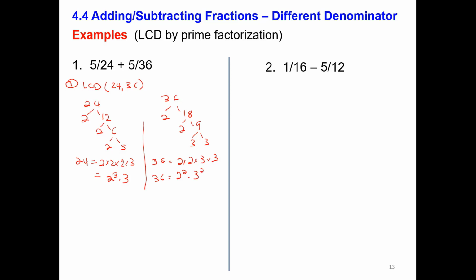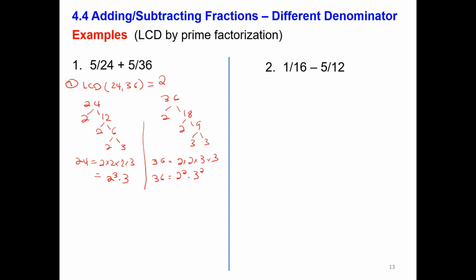Then the LCD equals, let's write here, probably better, we have more space. For the LCD, we need to select all the factors, 2 and 3, but we will write each just one time.